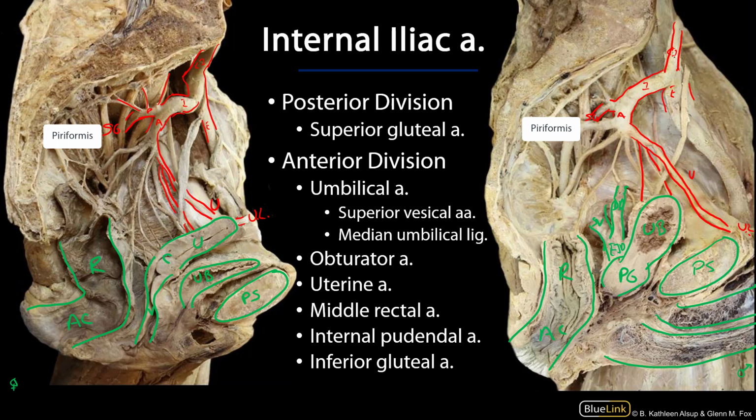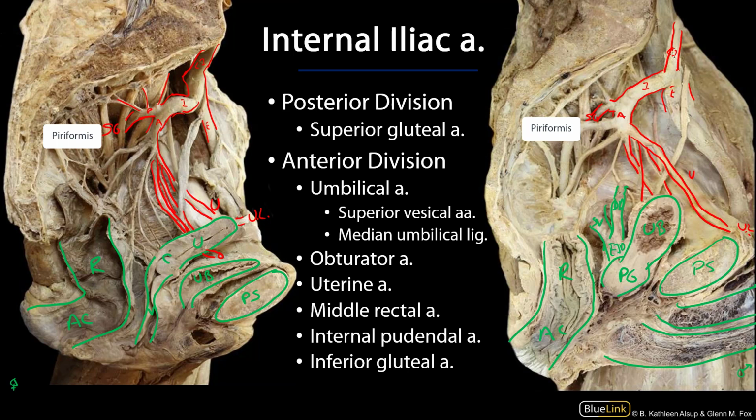The next major branch, and it's kind of difficult to appreciate this because some of the vessels are in the way, but it's heading in the same general direction as the umbilical artery, but it's going to head towards the obturator canal. We can see that there. It would continue on that way. That's the obturator artery. We can see that here.